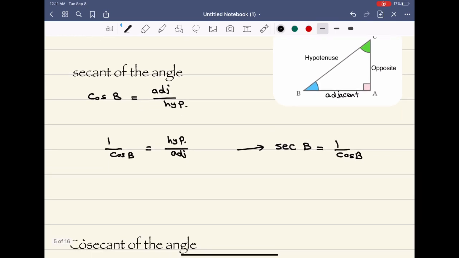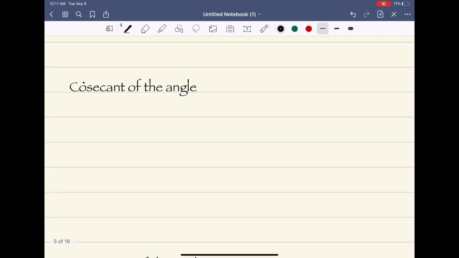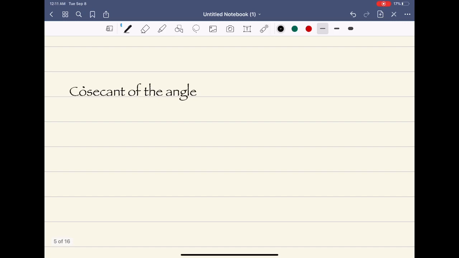And we know that sine B equals opposite over hypotenuse.